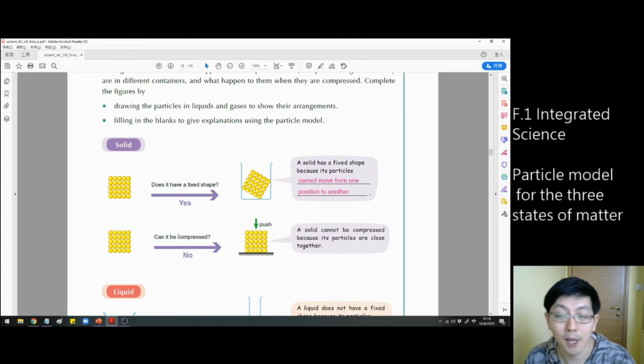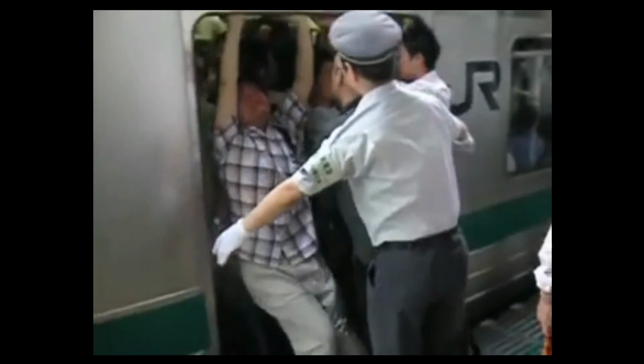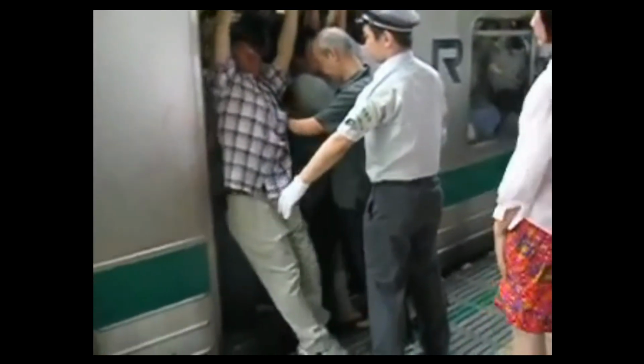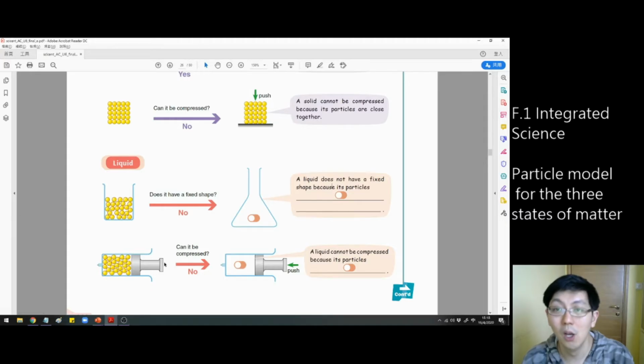And also, can it be compressed? No. The reason is they're close together. You cannot press it down any further. Think about the Japanese subway: if it's packed full, I think it would be quite difficult to press you down! A very good demonstration, right? So we come to a liquid. Does it have a fixed shape?